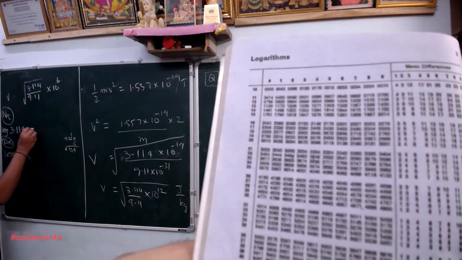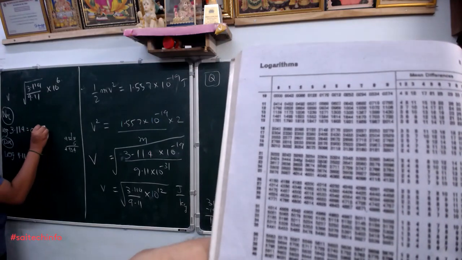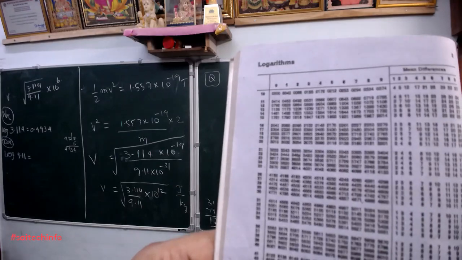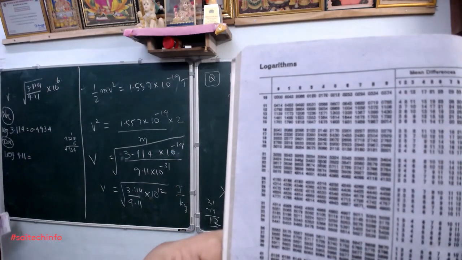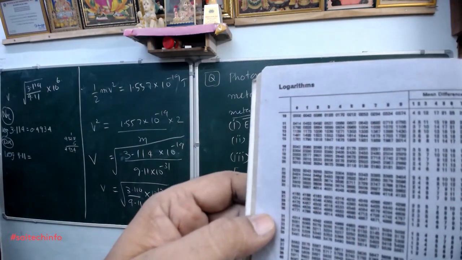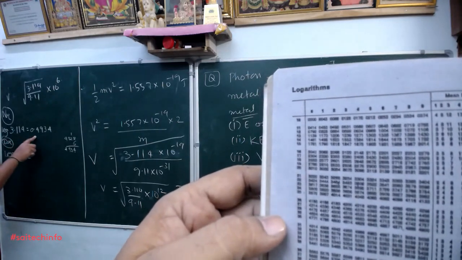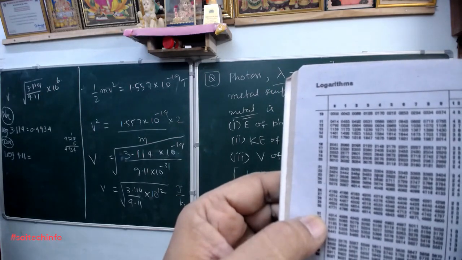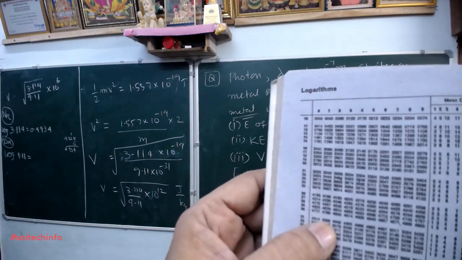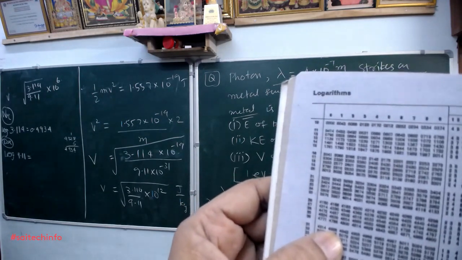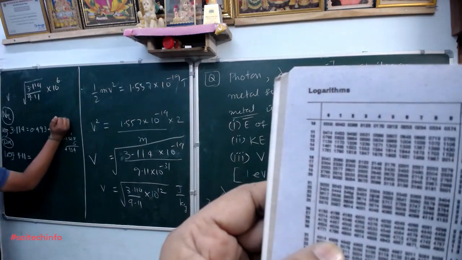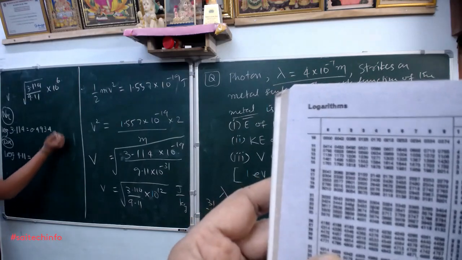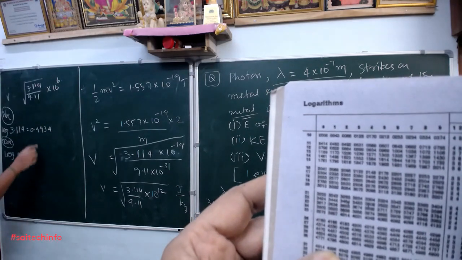So how to take this 3.11? This is the logarithmic table. Log 3.1, meaning 3114. You have 31 here, and check in 1 and then in 4. So it means 4928 plus 6, the mean difference is 6. Write down. So 4934, very good.